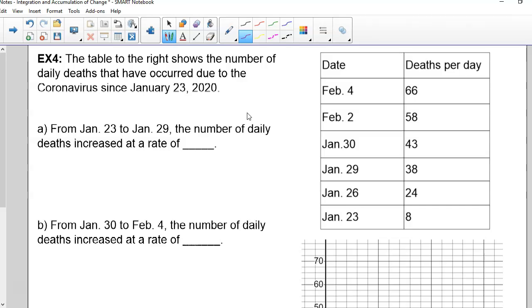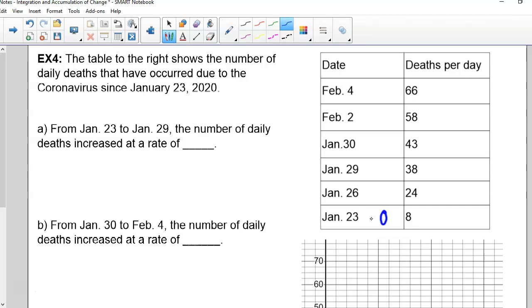So we are going to use this data to answer some questions about the rates that we see here. First thing we really need to do is we cannot count this as 23, 26, 29, 30, 2, 4. We can't do that because we skipped from January to February, and that wouldn't make sense. So let's make January 23rd day 0, right?